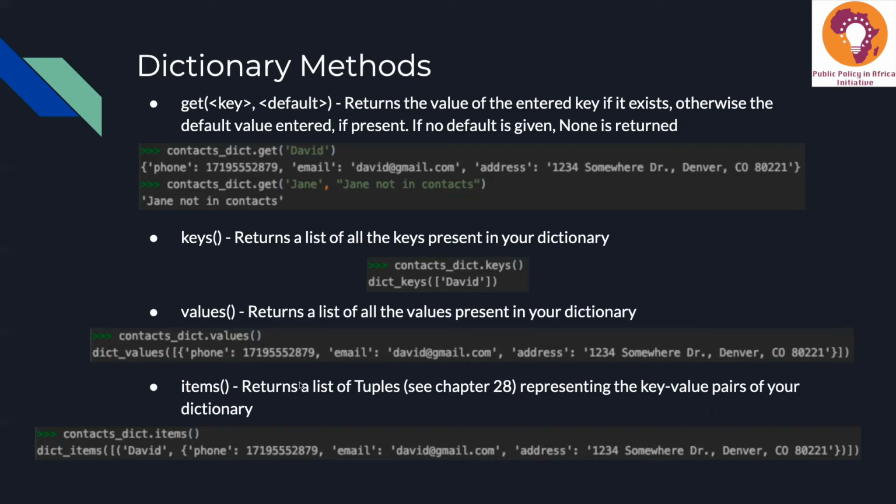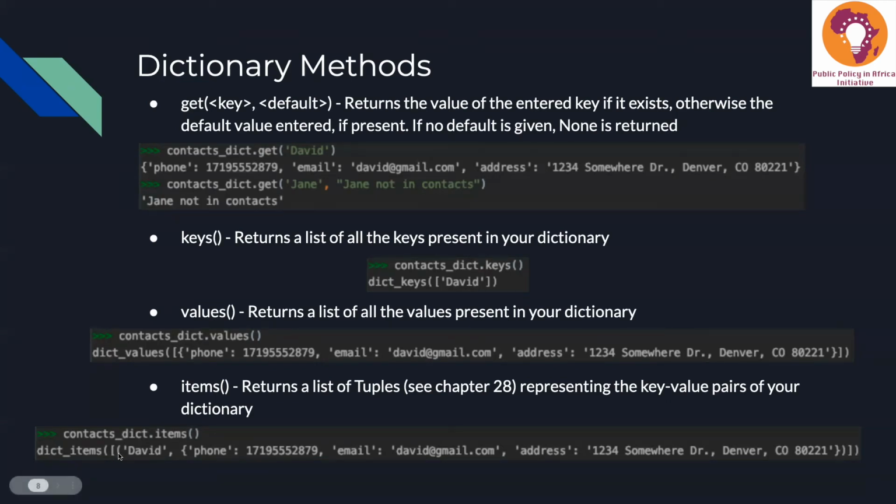All right, items is another method we can call. It doesn't accept a parameter, but it returns a list of tuples, representing the key value pairs of your dictionary. See chapter 28 in our book for what a tuple is. So if I do contacts dict.items, what it first returns is this dict items object. Within that, we have these square brackets, which represent a list.